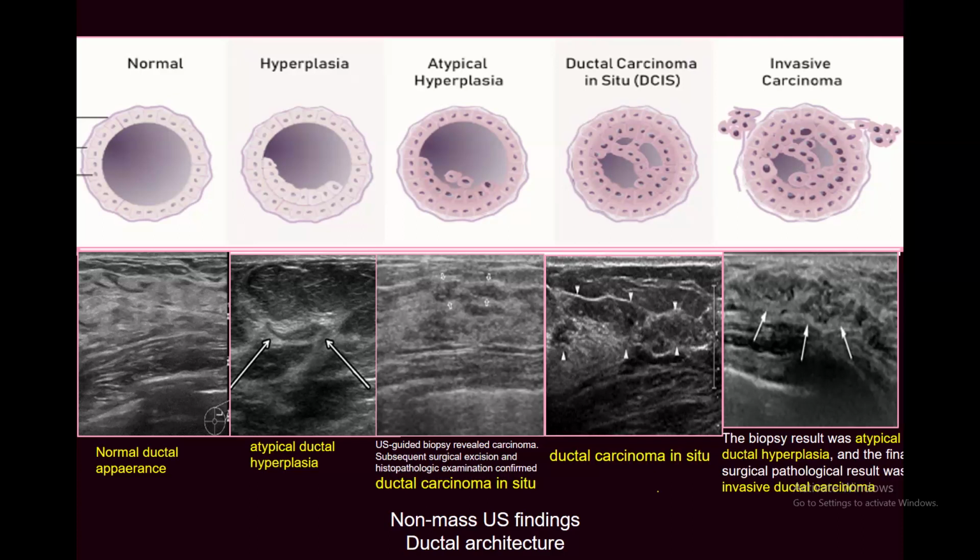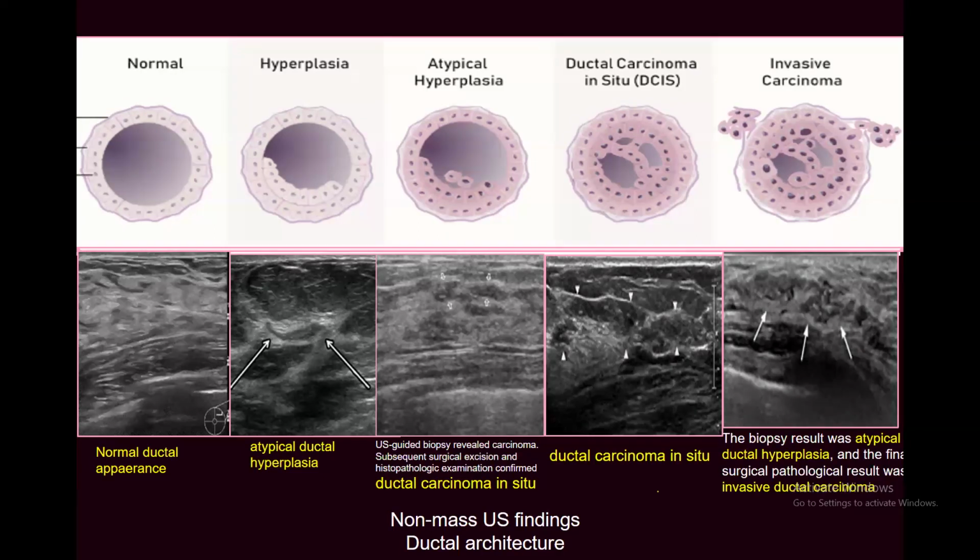And if the biopsy result reveals any of these, atypical hyperplasia, DCIS, or is not concordant with the imaging, then surgical biopsy has to be recommended.